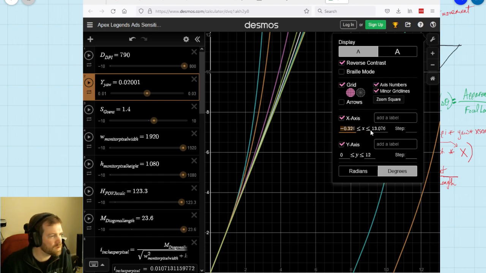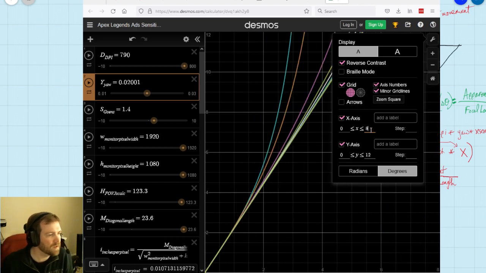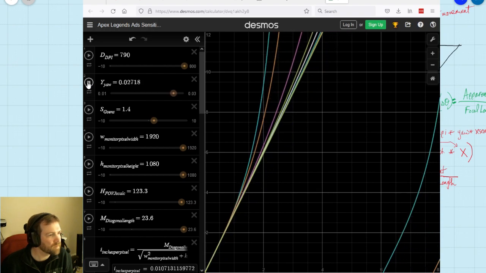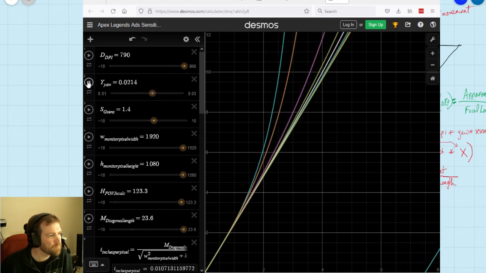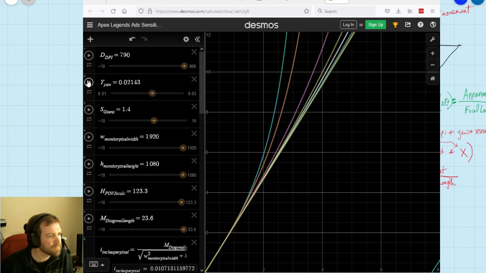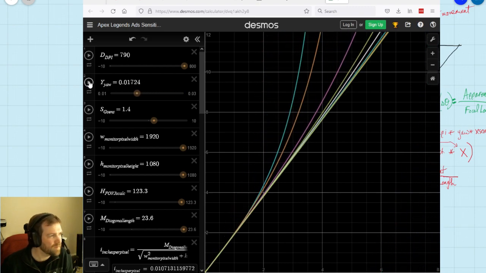And X values were between 0 and like 8, since that's about the size of my mouse pad. Almost 2,000 members. Awesome.